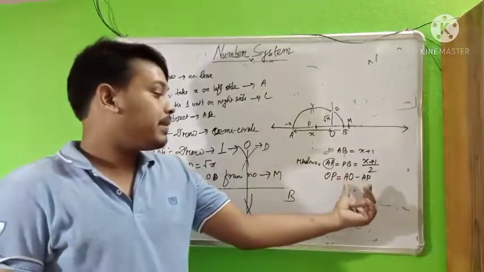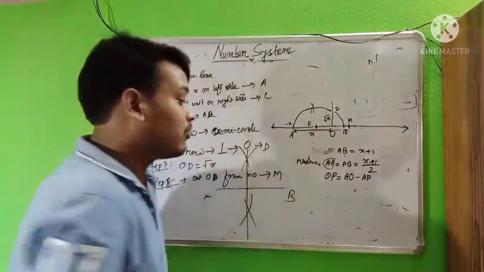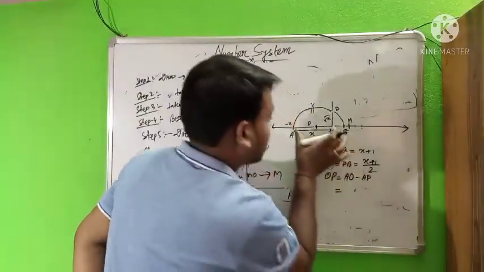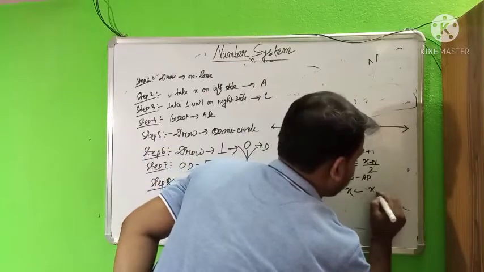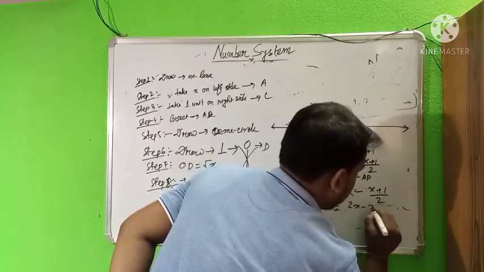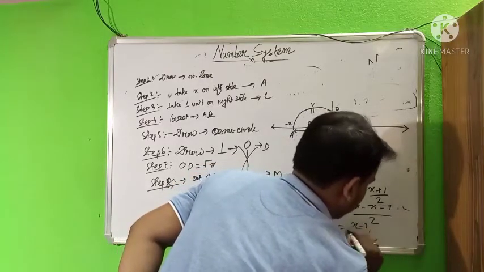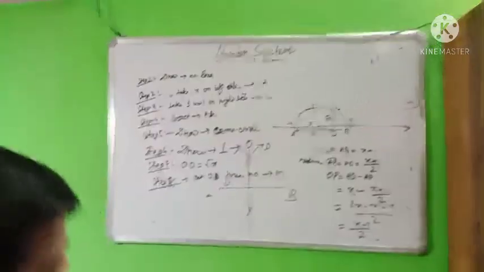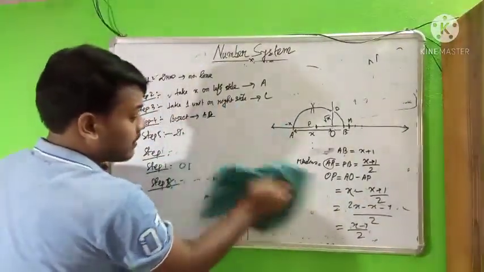So OP equal to AO, that means x, minus AP, x plus 1 by 2. So what is the value? 2x minus x minus 1 by 2. So x minus 1 by 2.